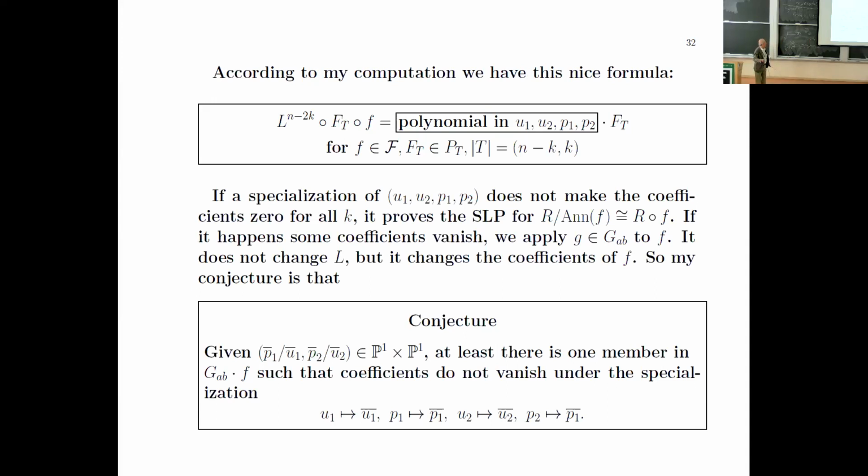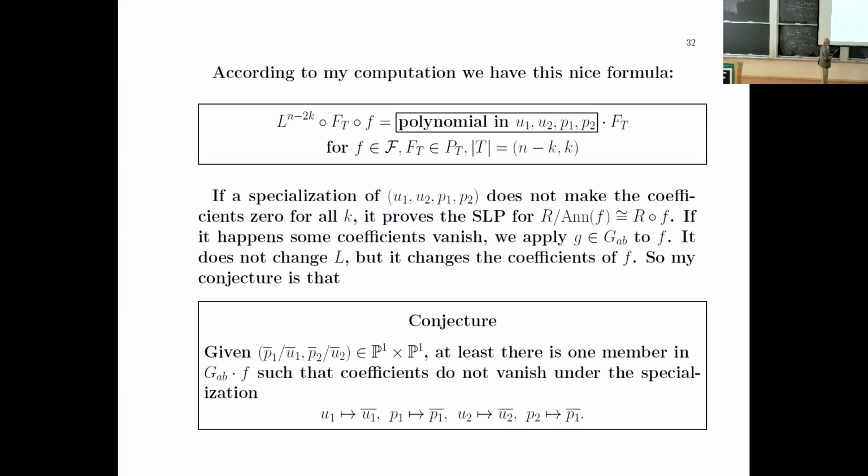And the coefficient in this rectangle is, as a polynomial, I guess, it is non-zero, but I don't have a rigorous proof for it, but it's very natural to think it is non-zero as a polynomial. But if you specialize it to some certain value, then it could be zero.